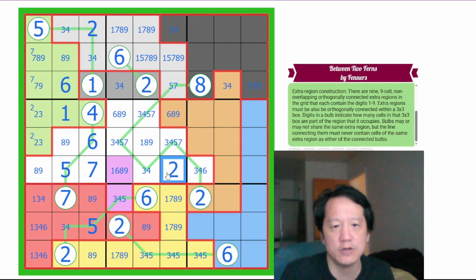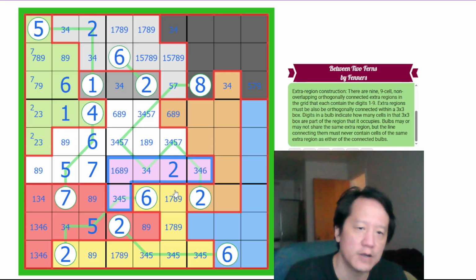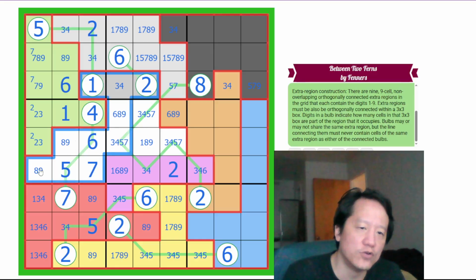It has to be here. So this is 2, which means it must be part of pink. Which means pink cannot go around here. This has to be part of pink because if we had tried to have it as part of medium gray, it's going to be blocked from connecting. So this is pink, this is pink. So we have full pink there. Medium gray cannot go as a whole for this one.